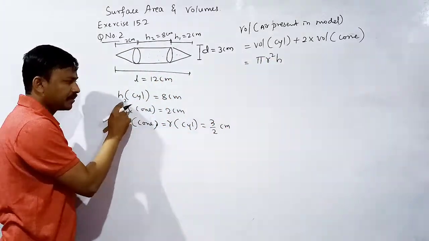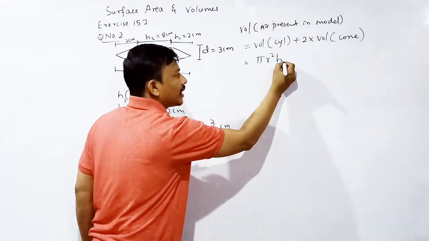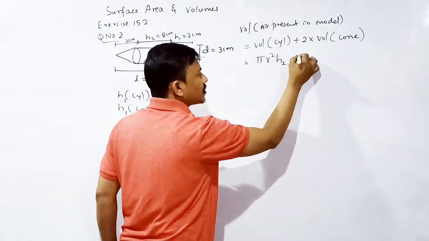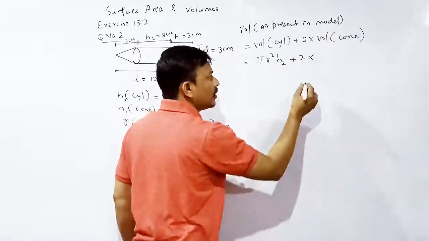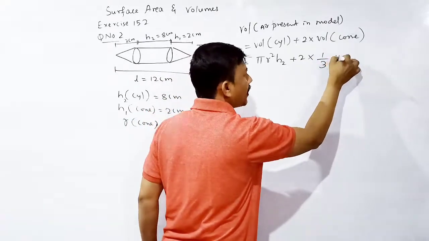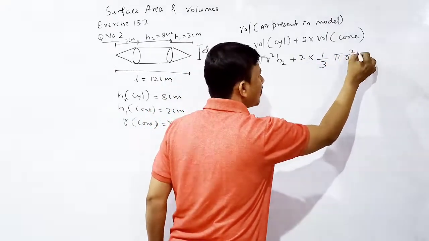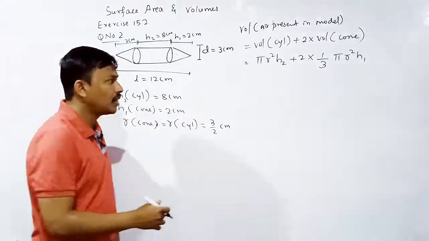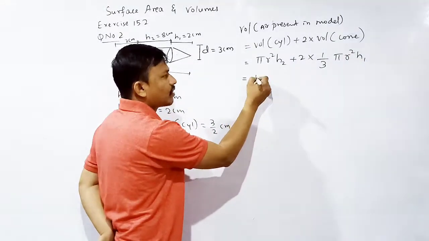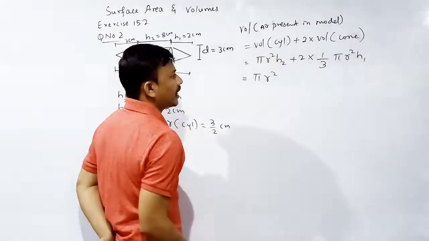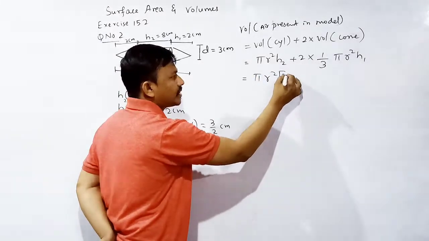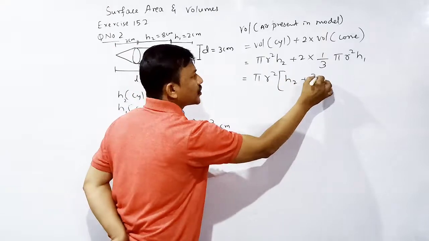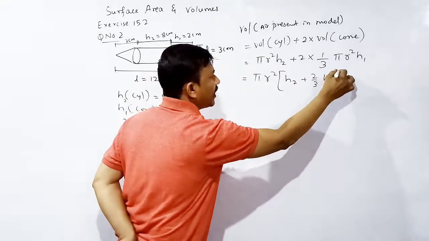Height of the cylinder, h2 is there, so I will be taking h2, plus 2 into, what is the volume of cone? 1 divided by 3 pi r square h. H is nothing but h1. Okay, pi r square is common here. Pi r square in bracket, h2 plus 2 by 3 h1.